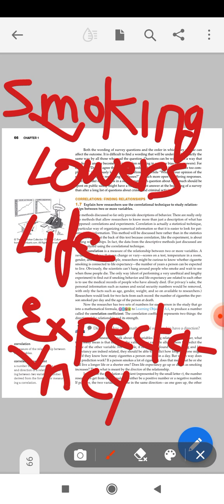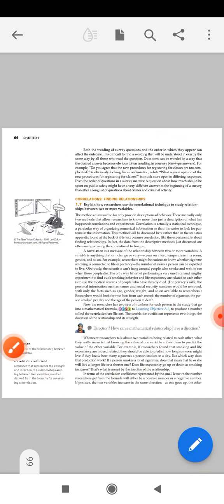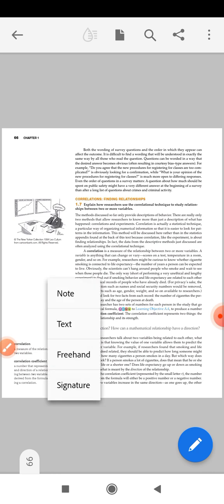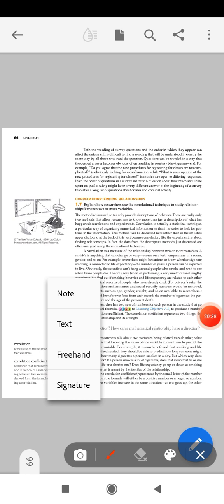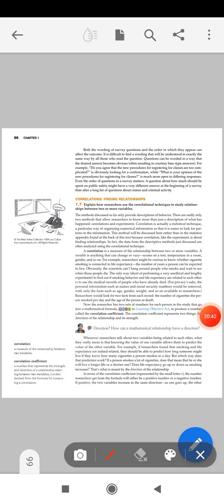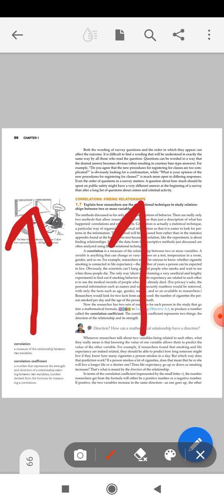Let's assume we have two variables. One is smoking. If smoking increases and life expectancy also increases, this means we have a positive correlation.